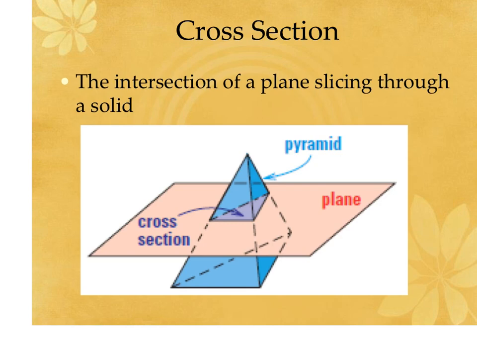So my polyhedron here is in blue. It's a pyramid, and the figure that's creating the cross section is the pink plane. So when that pink plane slices through the pyramid, the cross section, if I were to pick up that piece that it cuts off, would be a triangle.